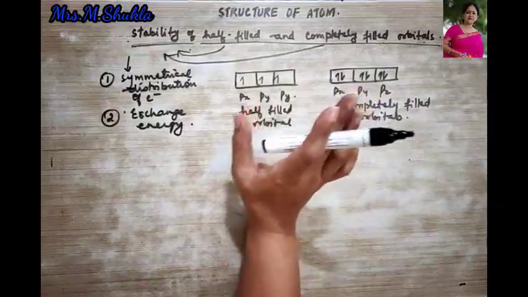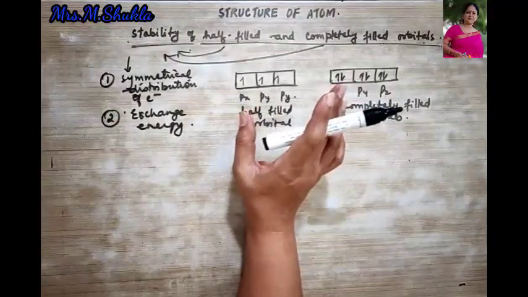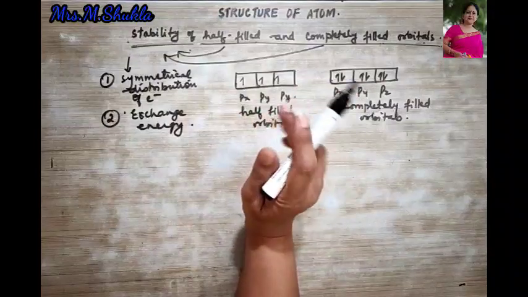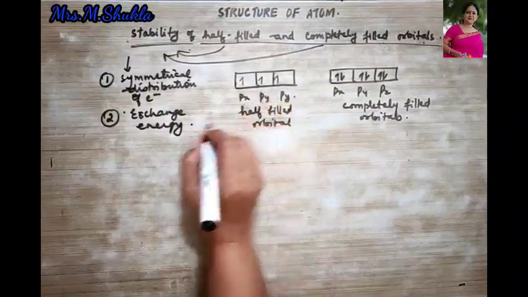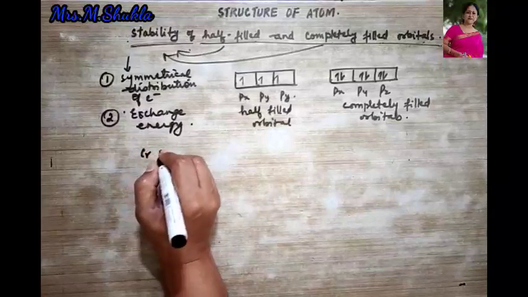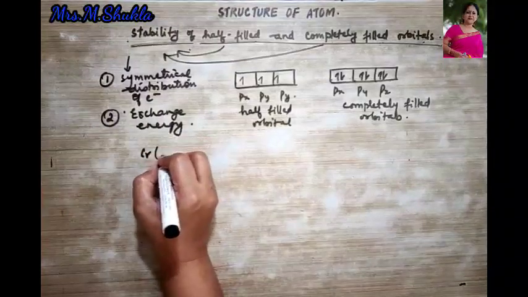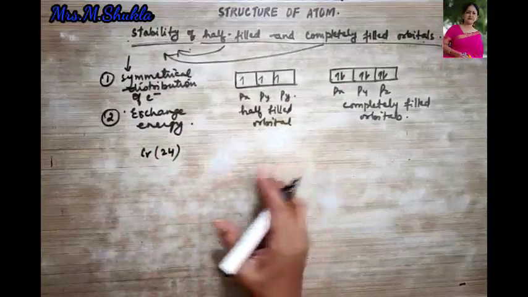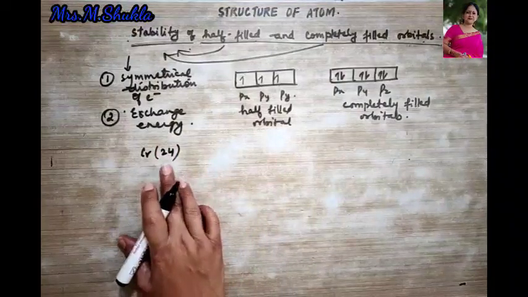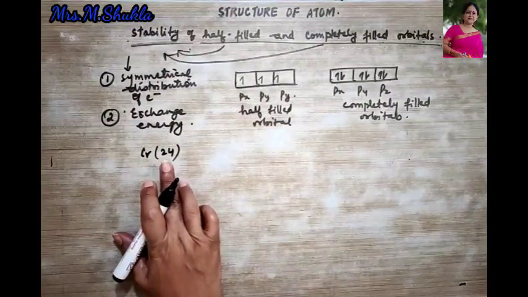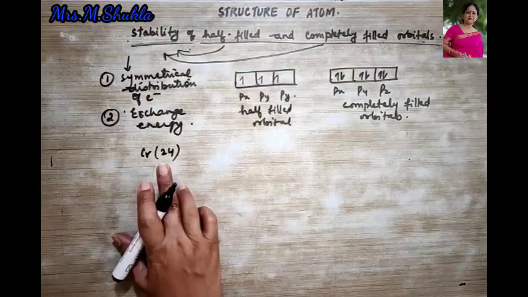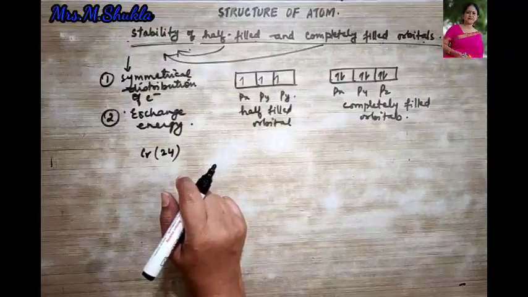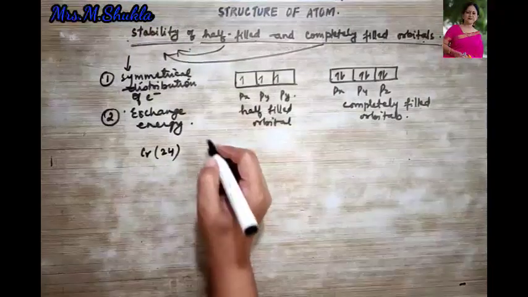So, there are certain elements which show certain deviation from Aufbau's principle. Let us take a few examples. For example, chromium. The atomic number of chromium is 24. Let us first use Aufbau's principle to write the electronic configuration of chromium, and then we will come to the stability of half filled and completely filled orbitals.